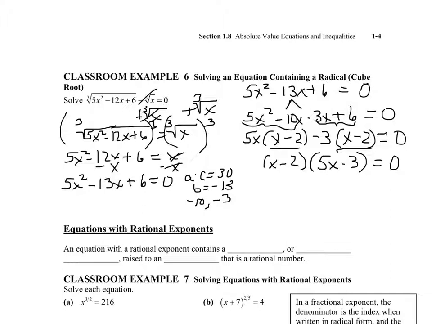I set each parenthesis equal to 0 to solve, so x minus 2 equals 0, or 5x minus 3 equals 0, which is going to give me two different solutions, x equals 2, or when I add 3 to each side here and then come back and divide by 5, I'm going to get the fraction 3/5.